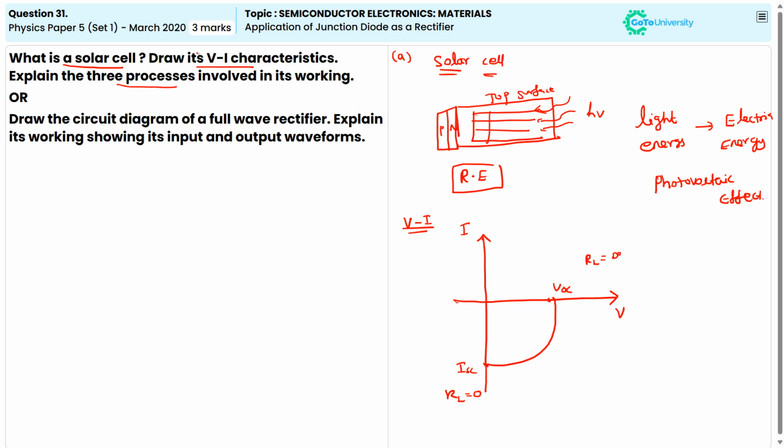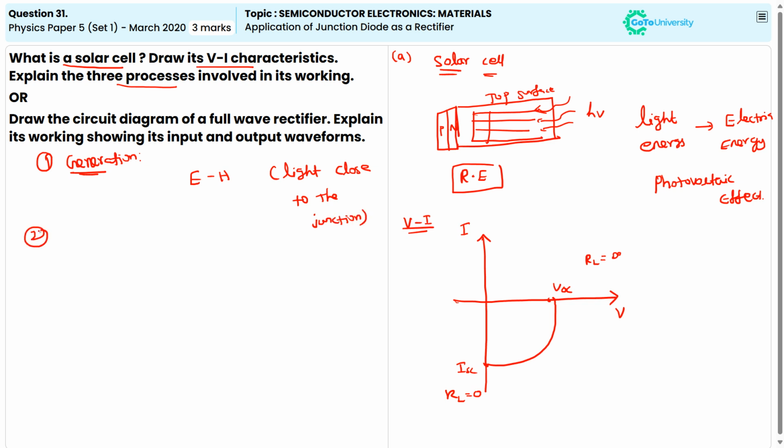Now we'll discuss the three processes involved in its working. The first process is generation. In this, electron-hole pairs are generated due to the light close to the junction.